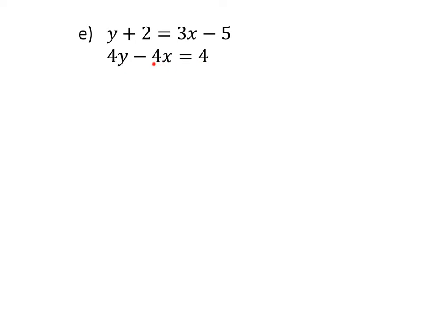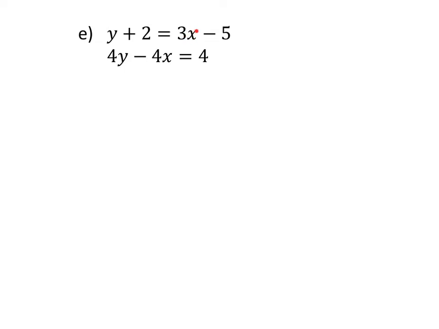Now, they both have a 4, a coefficient in front of it, so not only would I have to move one of them to the other side, but I'd then have to divide to get x or y by itself. But if you look at this first equation, I don't have a coefficient to y, so that's, well, actually I do, the coefficient is 1, but I don't have a coefficient greater than 1 to this y, so I'm going to go ahead and solve this first equation for y.